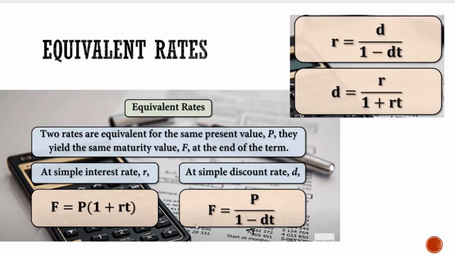If you are given a simple interest and then asked to calculate an equivalent discount rate, this will be the formula that you use. Maybe you are given a simple discount and then asked to calculate the interest rate, you would use this formula. You are working between those two rates. I'm just throwing the theory here.